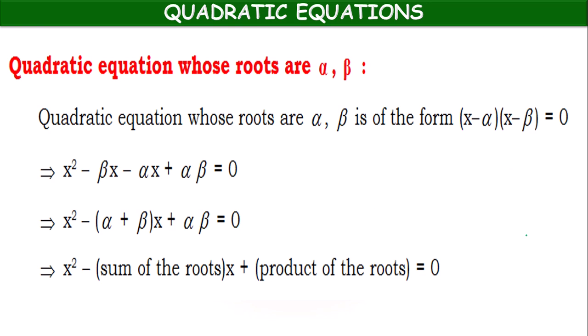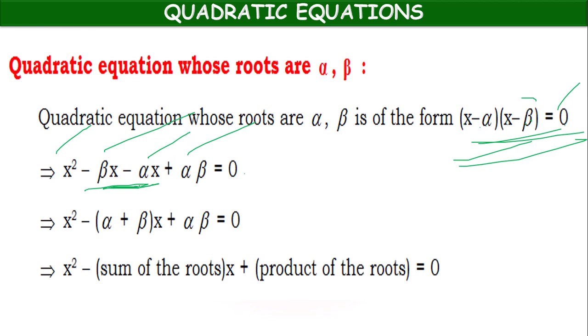If we multiply these two factors: x into x, x square; beta into x, beta x; x into alpha, alpha x; alpha into beta, alpha beta; equals 0.